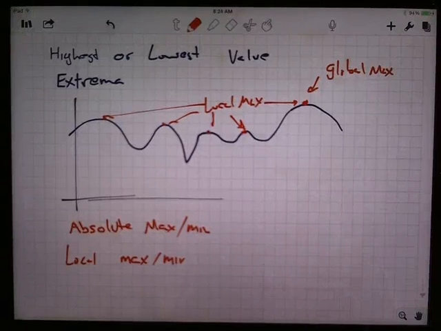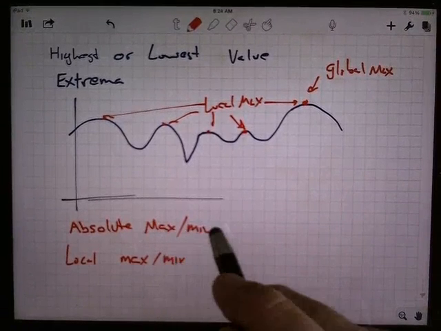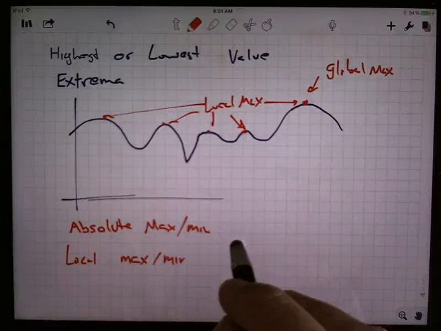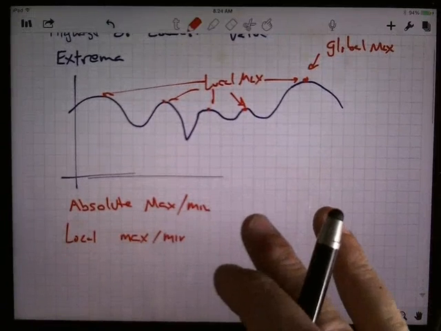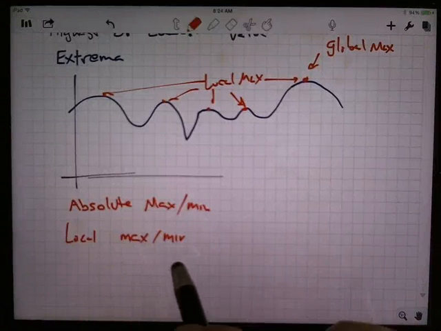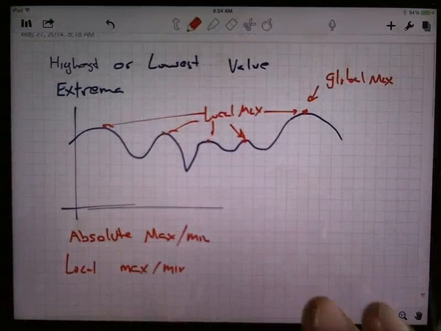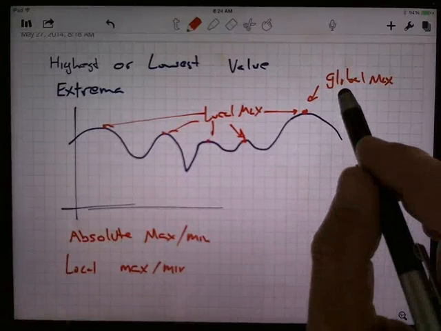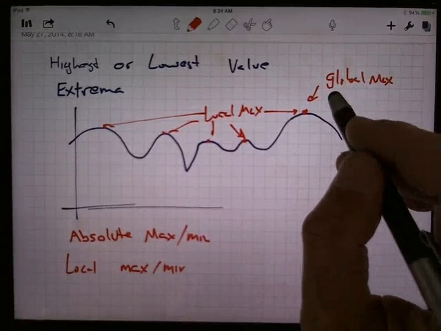I suppose I should probably give some definitions by what I mean here. Likewise, there's local mins and absolute mins. Uh-oh, see, already I'm using different words. I used global. I should have used absolute.